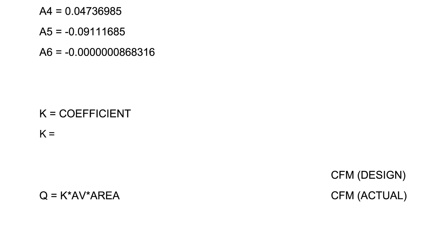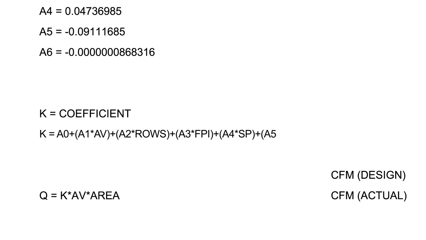K equals A0 plus A1 multiplied by average coil velocity plus A2 multiplied by the number of tube rows deep in the coil plus A3 multiplied by fins per inch plus A4 multiplied by tube spacing of the coil plus A5 multiplied by the tube outside diameter plus A6 multiplied by average coil velocity squared.